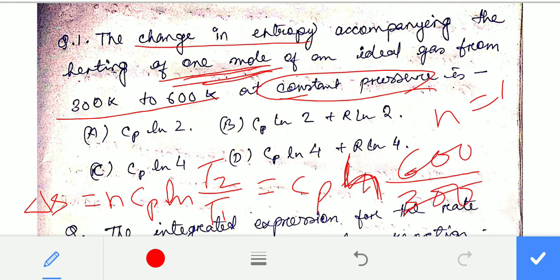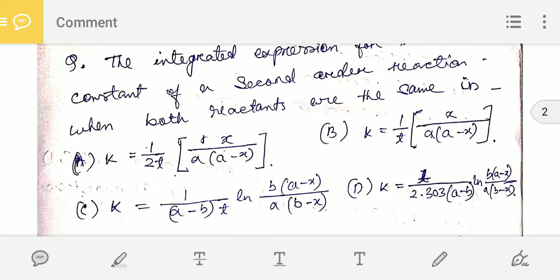If you solve it, it would be Cp ln 2. So ΔS would be Cp ln 2. For this question, option A is the right option. The change in entropy is Cp ln 2. And moving to the next question.